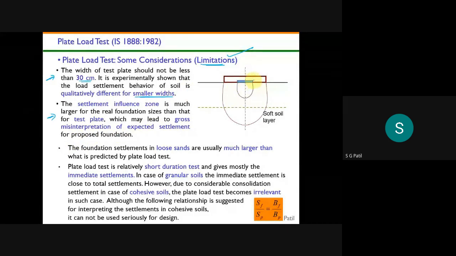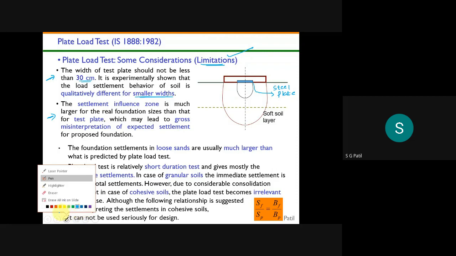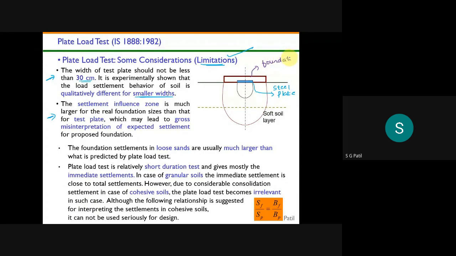You see, this is my steel plate, and this is my actual foundation. Always the actual foundation will be of a width of maybe 1.5 meter to 2 meter. Usually we use that.